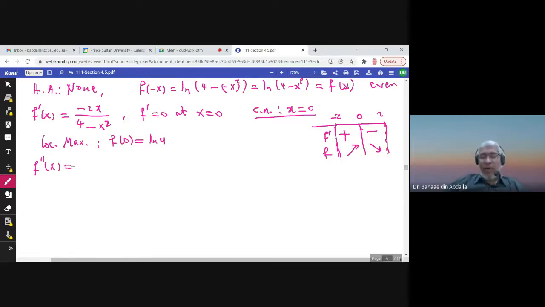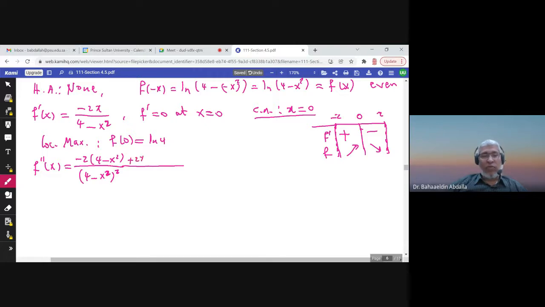Well, for f double prime, I will use the quotient formula. So the denominator is 4 minus x squared to the power 2. And now, what is the derivative of the denominator? It is negative 2 times (4 minus x squared) minus negative 2x.